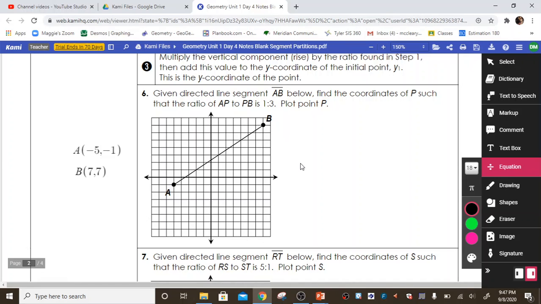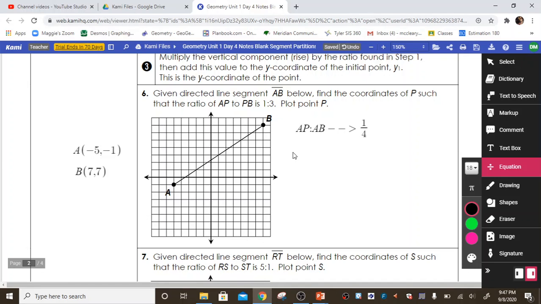The ratio part is going to be 4. So we can put this as AP to AB, so that's our part to the whole, is 1 to 4. So the small part is 1, the entire thing is 4.